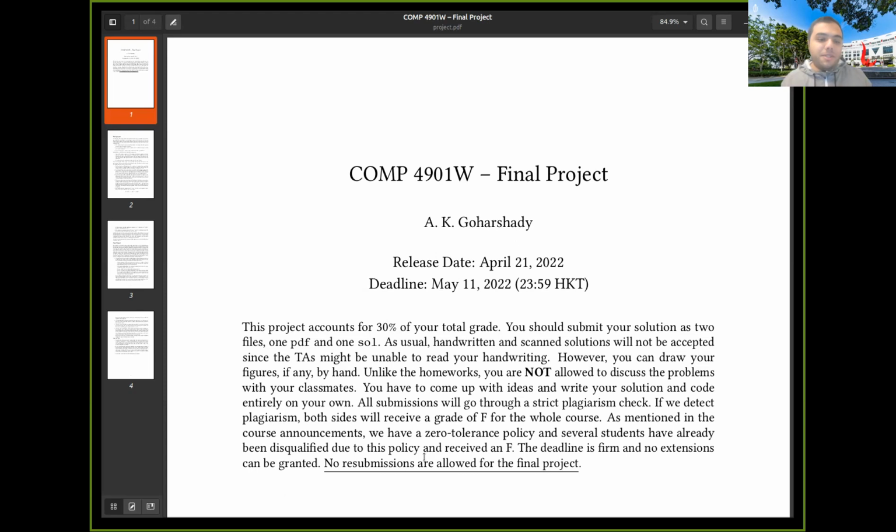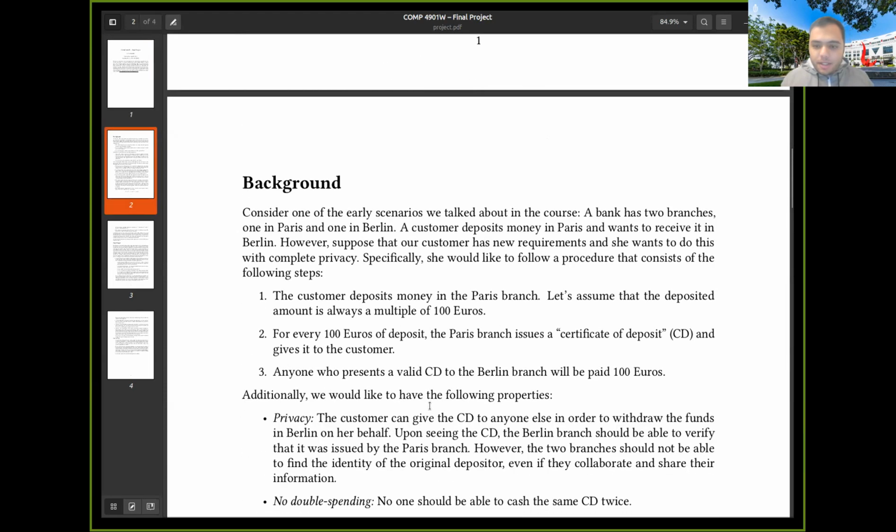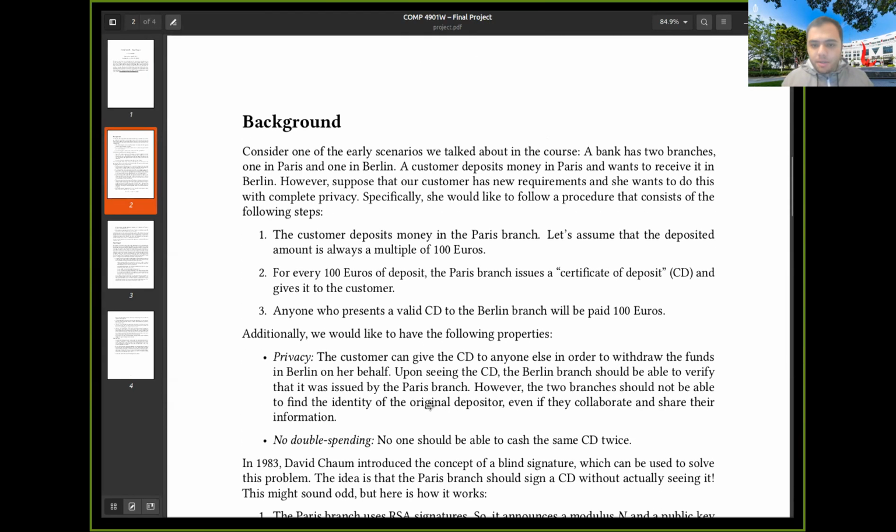And what that means is that you cannot copy from some GitHub repository, for example, or you cannot just Google it and find the solution. You have to write your code on your own. So this being said, let me actually go through the project and talk to you about what we want to do here.